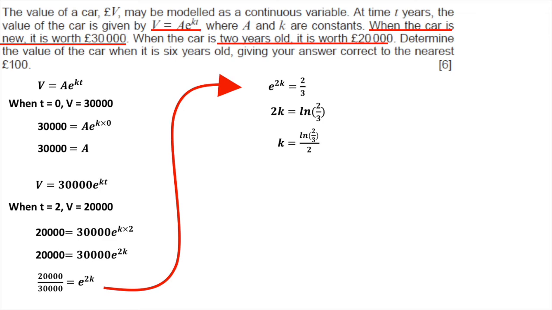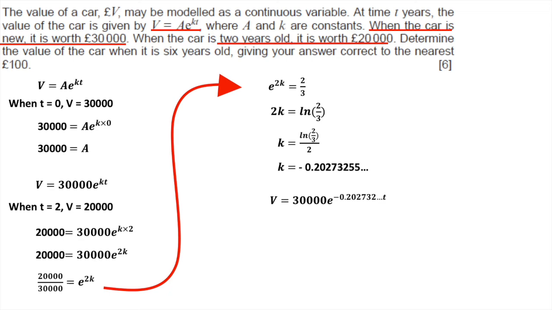Now this is where your calculator comes in, because you can type that in and you should get minus 0.2027, and it carries on on your calculator. So that's the value of k. If we go back to the original formula, v = 30,000 e, now instead of writing k down, we can put minus 0.20273, and it carries on, times t.